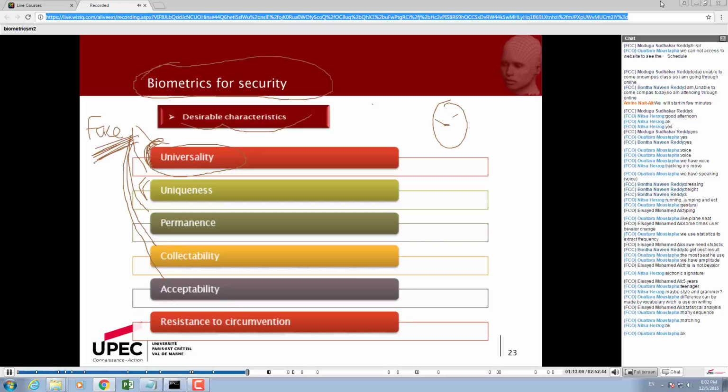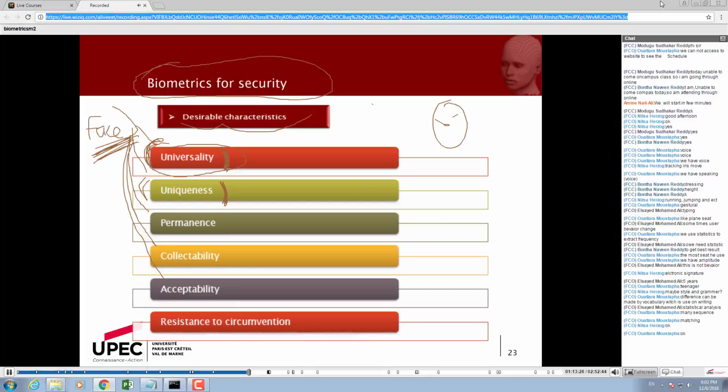Because if you propose a new modality that is not universal, people will tell you, okay, maybe you can use it just for a small category of people, and this is not really a biometric modality. Okay? So the second one is uniqueness.